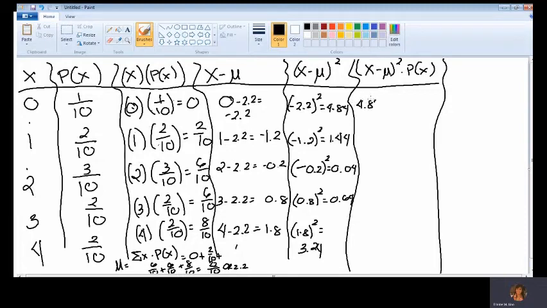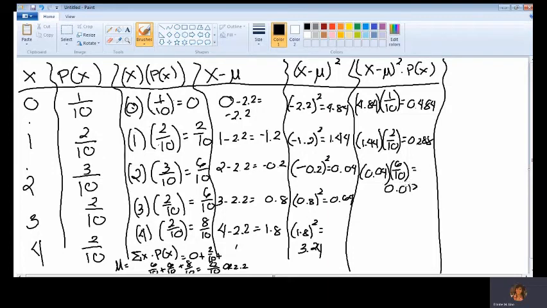So 4.84 times 1 over 10 will give us an answer of 0.484. 1.44 times 2 over 10 is equal to 0.288. 0.04 times 3 over 10 is equal to 0.012. 0.64 times 2 over 10 is equal to 0.128.